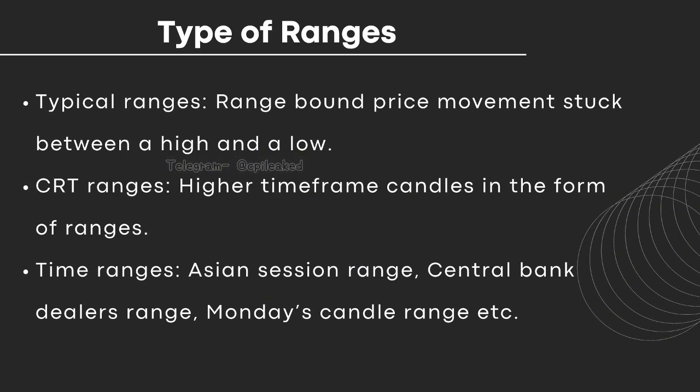Higher time frame candles that are used as ranges on the lower time frame are called CRT. CRT are dynamic and objective because they've got fixed objective highs and lows, including their opening and closing times, because after all, they are basically a candle. So CRT ranges are one of the most high probability ranges.